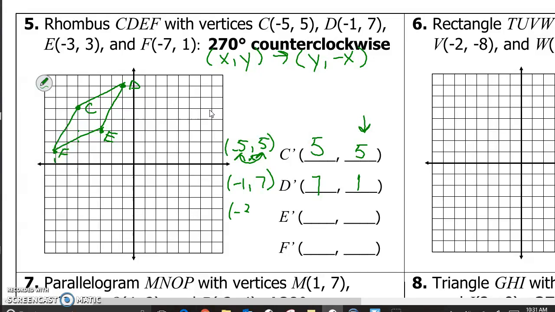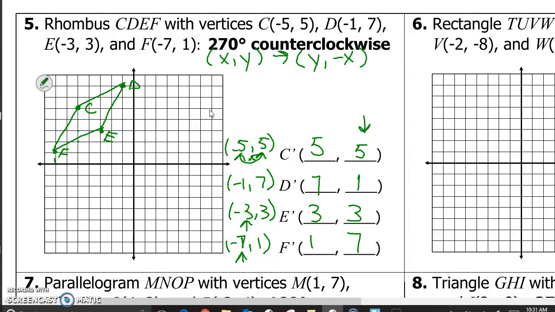E, negative 3, 3. We switch. So 3. But this x becomes, or we do the opposite, so now it's positive 3. And then point F, negative 7, 1. We got all negative x's here. Switch them. Do the opposite of negative 7. So we've got 1, 7.